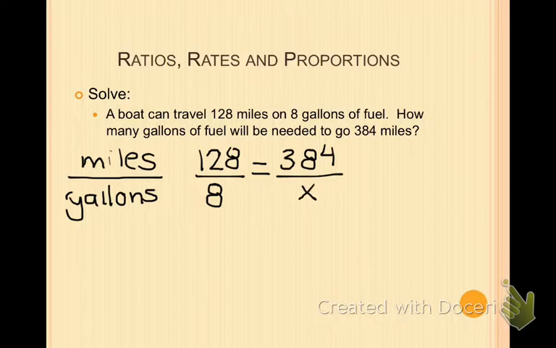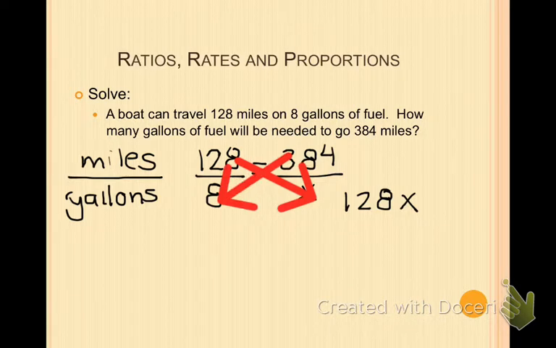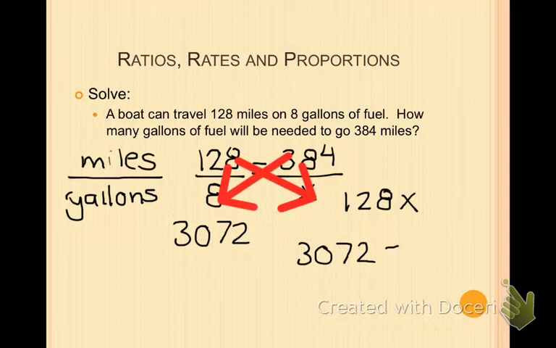Now again, if we follow that idea of cross products, we're going to have 128x. That arrow was huge, sorry. And we're going to have 384 times 8, which is 3,072. And we're going to set those two cross products equal to each other. So we have 3,072 equals 128x.